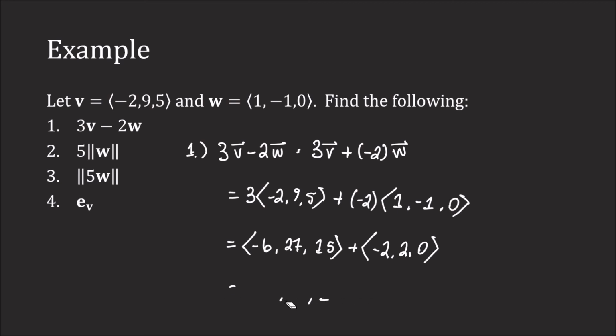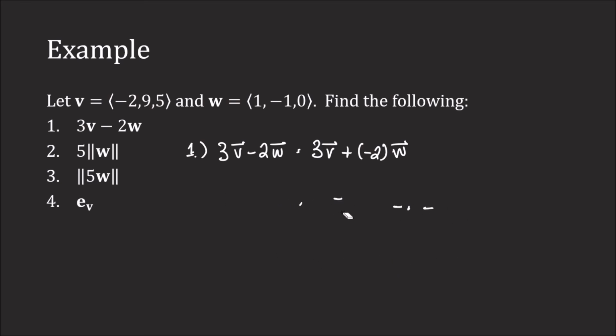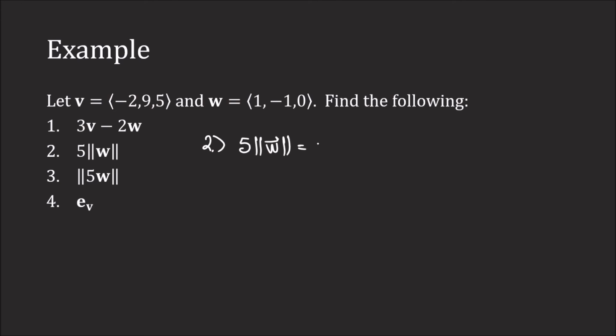Now let's look at 5 times the norm of w. So it's 5 times the square root. Well, finding the norm of w, that's just the square root of the sum of the squares of the components.